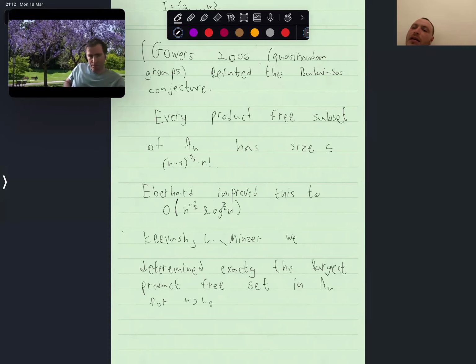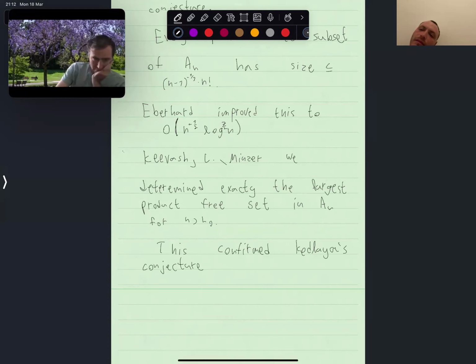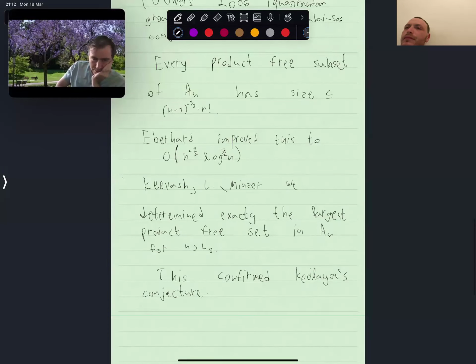For n sufficiently large, this confirmed Kedlaya's conjecture. Okay, so that's an aside about A_n.